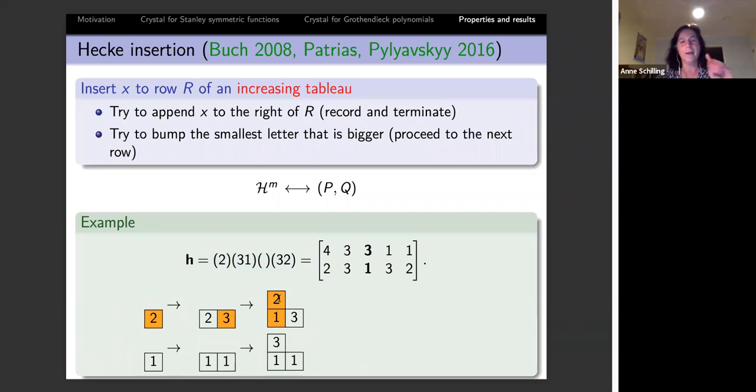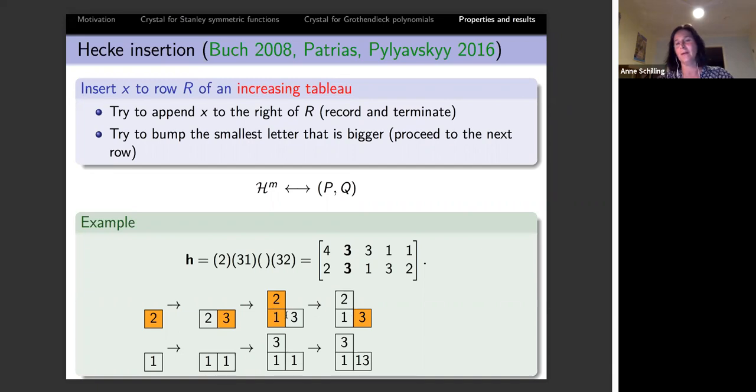Something happens when you try to insert a letter that's already there. In the next step, when we start inserting the 3, the 3 is already there. Hecke insertion wants to produce a strictly increasing tableau, so you can't have repeated letters in a row. If you see something that's already there, then the insertion tableau doesn't change.